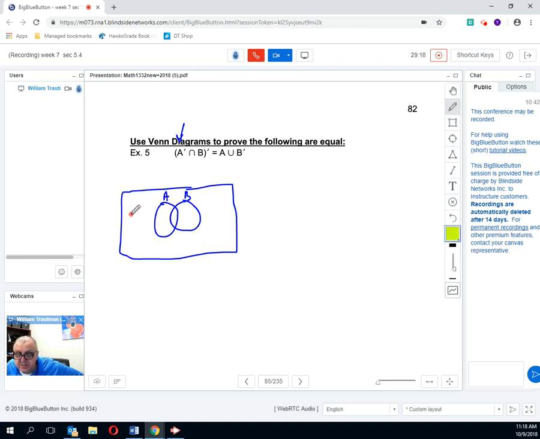Let's see if I can do this. You see right here it says not A. I'm going to shade things that are not in A in green. Do you see all of this is not in A? I'm going to color it all.